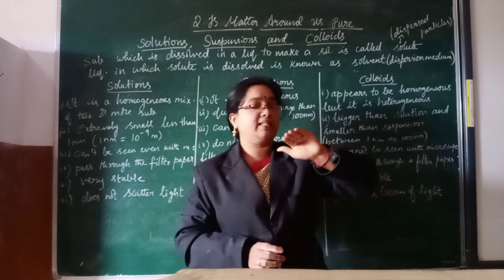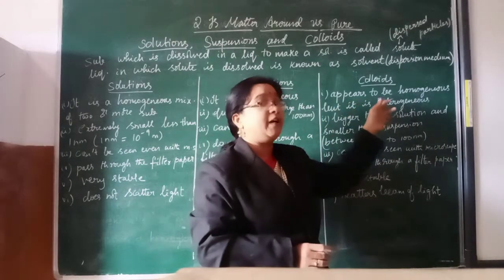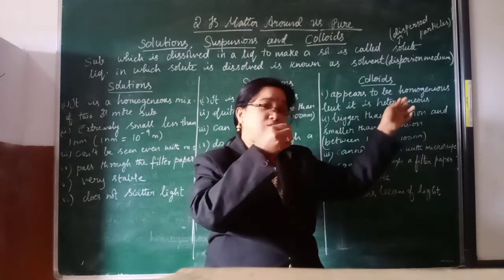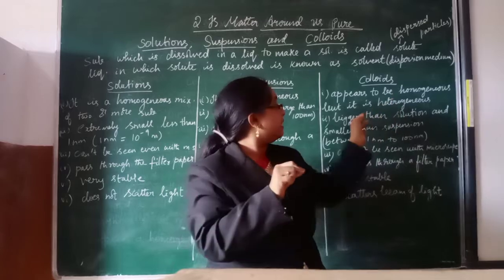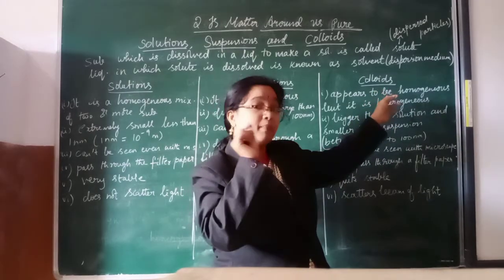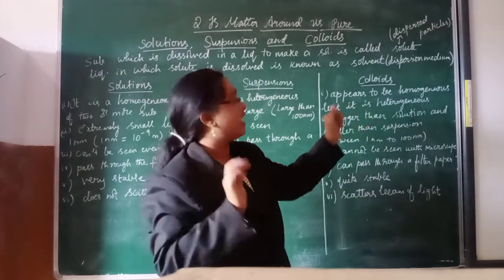Colloidal solutions look like homogeneous but they are heterogeneous. A little bit of soap particles will be left over there, which we cannot see. It appears to be homogeneous, but actually a colloid is not homogeneous, it is heterogeneous.